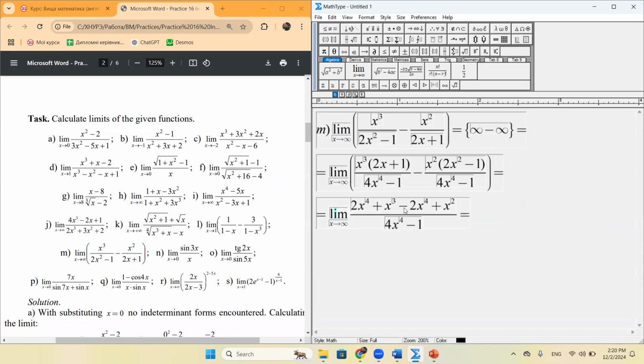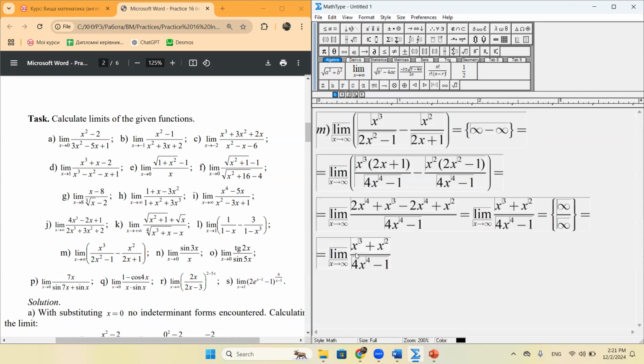And now we have the following indeterminate form. By the way, first of all, let's reduce. So let's cancel these powers. And we have the indeterminate form infinity divided by infinity. And we did the same that we were doing before.